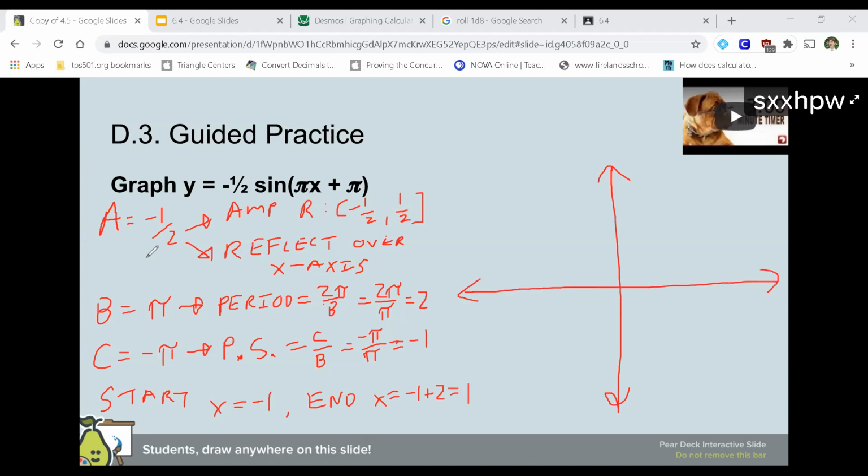All right, so if we graph that, negative 1 to 1, we're going to go as high as a half and as low as negative a half. And the nice thing about this interval is the halfway point is 0. The quarter point would be negative a half, and the 3/4 point would be positive a half.